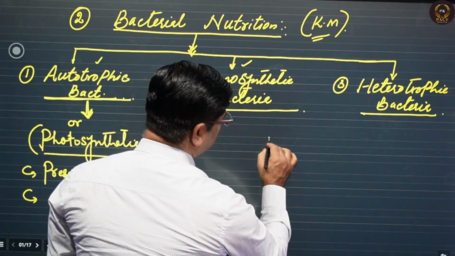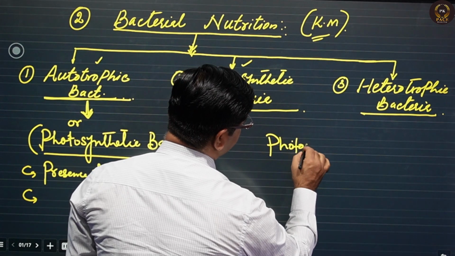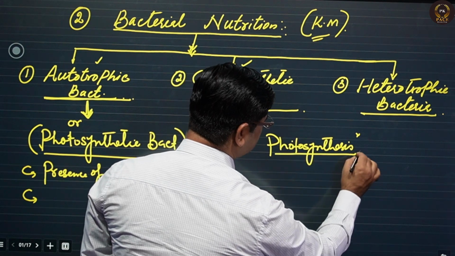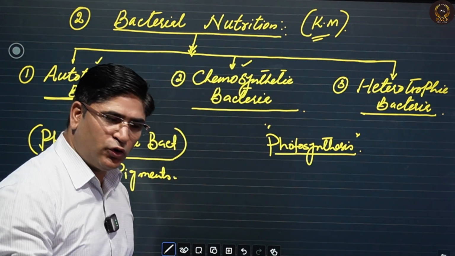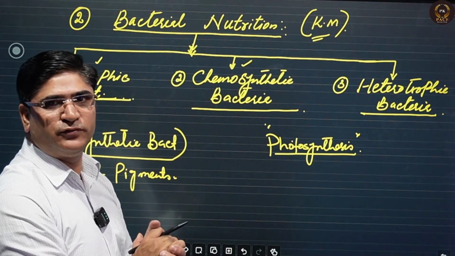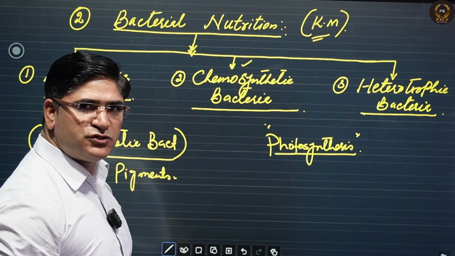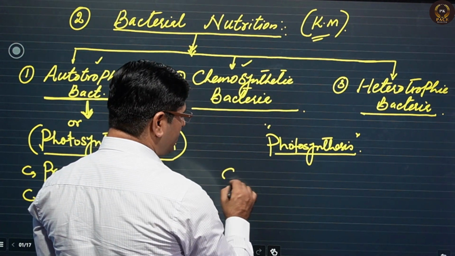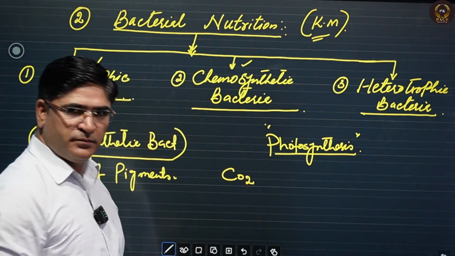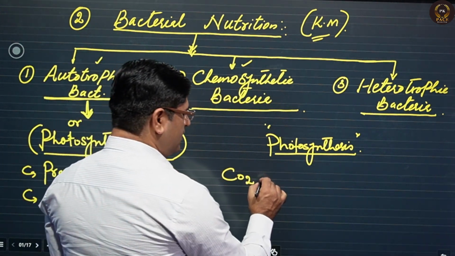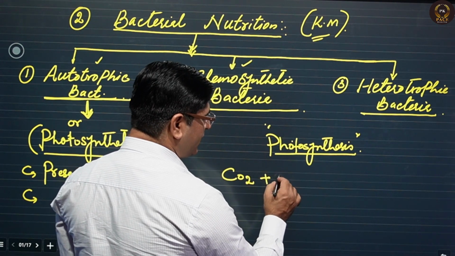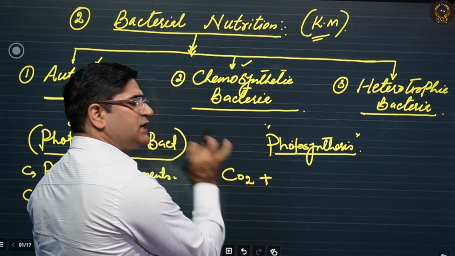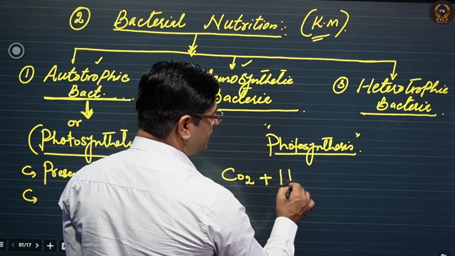And if we talk about photosynthesis, it is the process in plants by which the plant synthesizes its own food. In what way does the plant synthesize food? The plant uses carbon dioxide, and this carbon dioxide gets reduced inside the plant by a component, that is water.